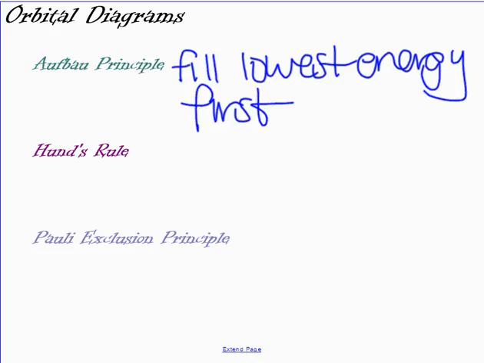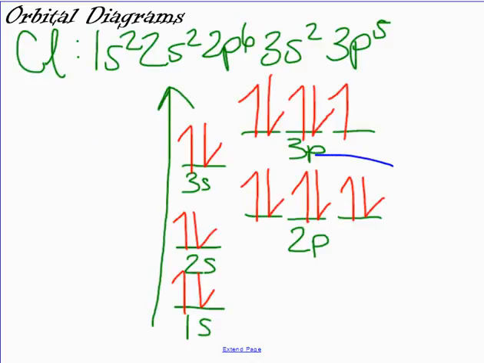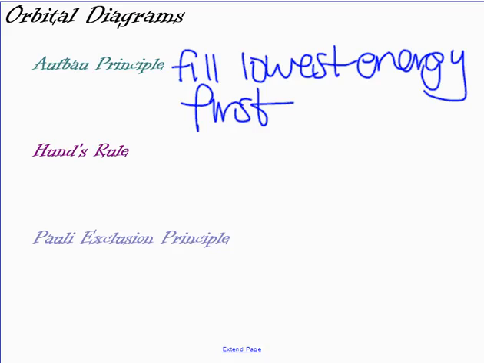Hund's rule is more specific to as we're drawing the orbital diagrams, and it deals with those that have multiple orbitals, for example, the p's. If you remember, I filled them 1, 2, 3 singly before I paired them up. That's what Hund's rule states.